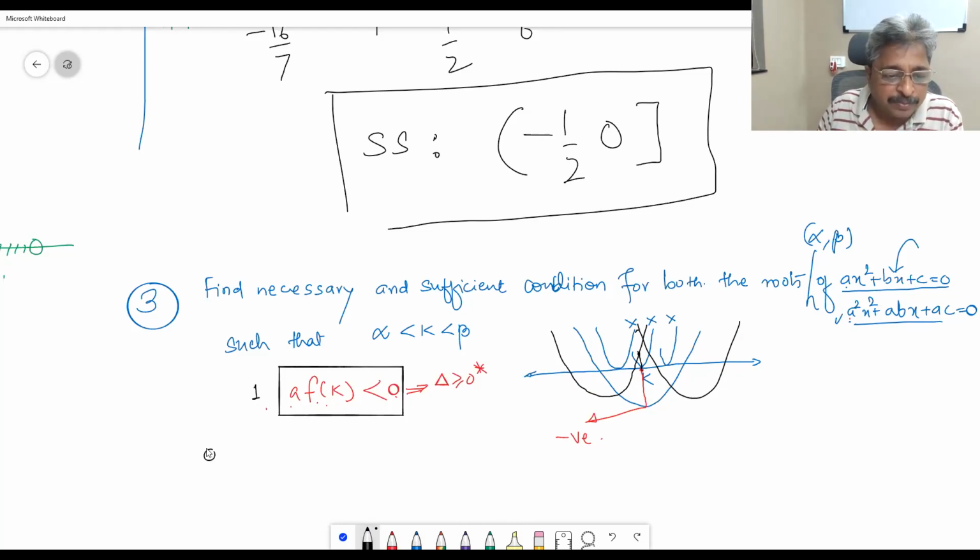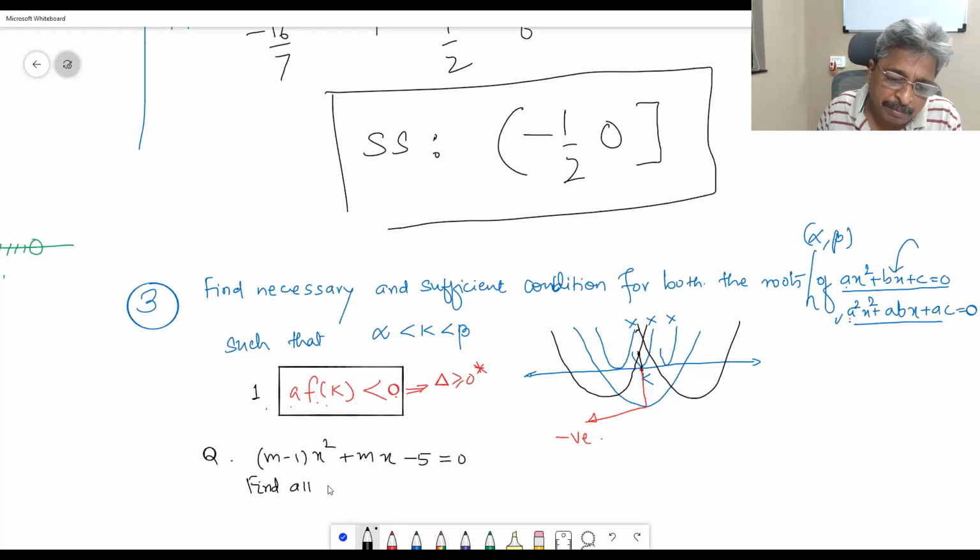Solve this question. (m minus 1) times x square plus mx minus 5 is equal to 0. Find the necessary and sufficient condition on m.